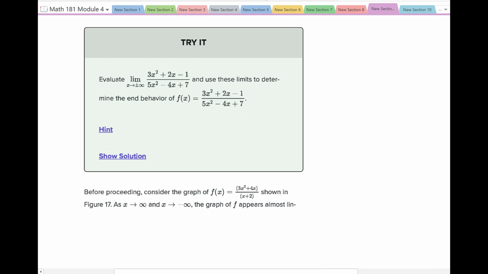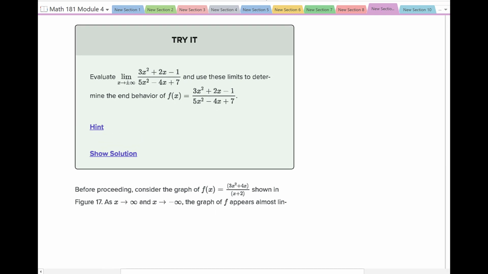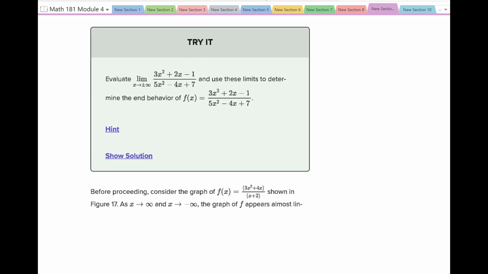Evaluate the limit as x approaches positive or negative infinity for 3x squared plus 2x minus 1 over 5x squared minus 4x plus 7, and use these limits to determine the end behavior of f of x. What I want to point out, though, and it jumps out at me, is that we're dealing with a rational function with the same power on top and bottom.